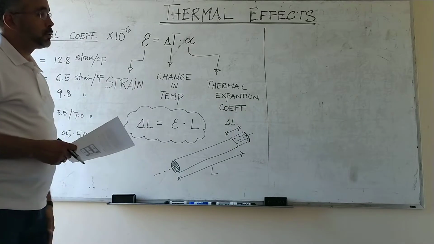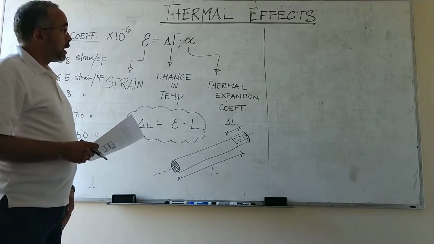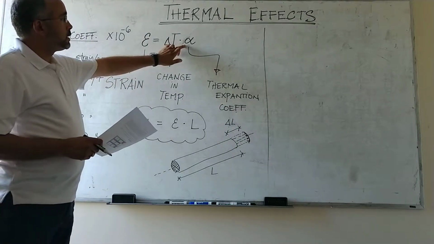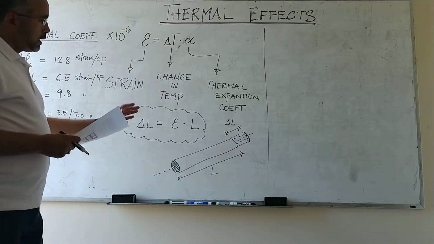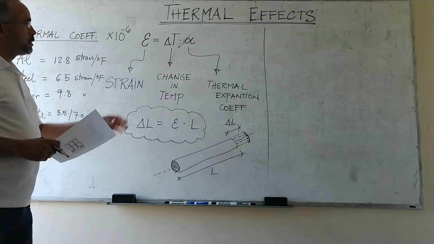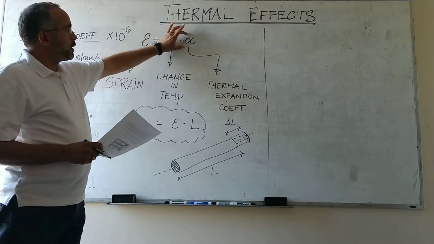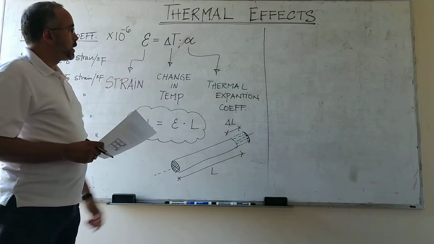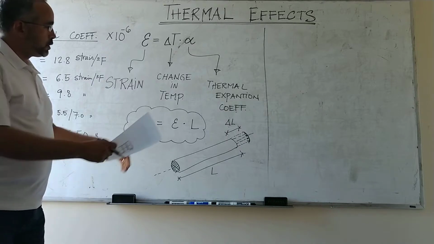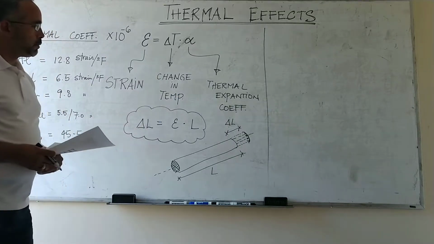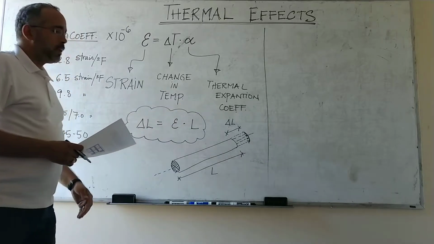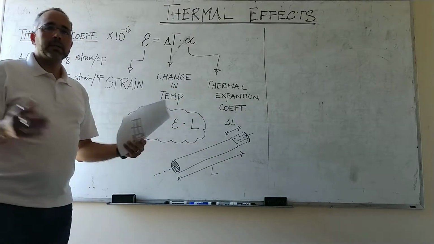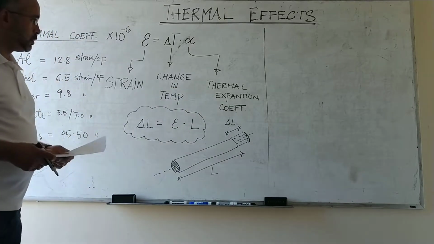But if the temperature goes really high, then this alpha actually becomes a function of temperature. But in this discussion, let's just work with alpha equal to a constant, and let's just operate under the assumption that the temperature change is within the elastic recoverable range.